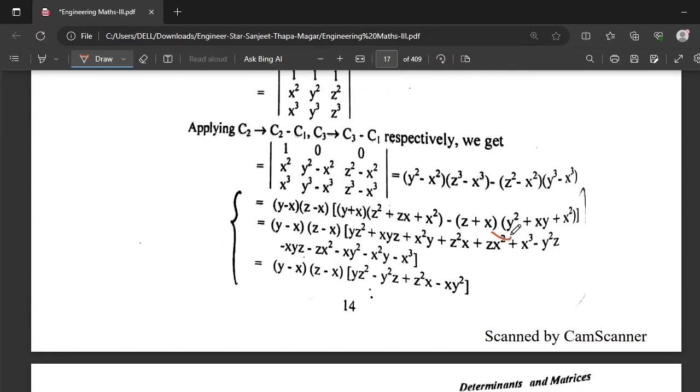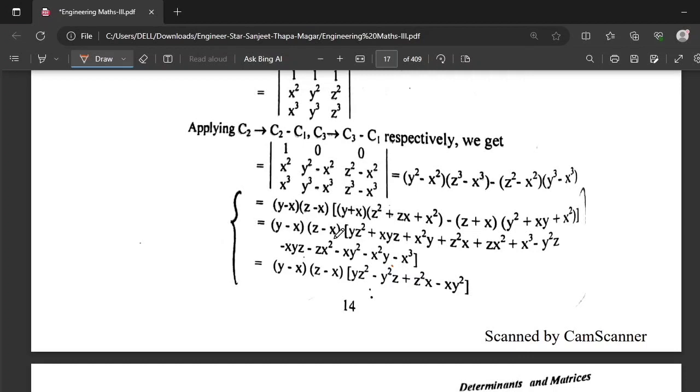X times y square is x y square with a negative sign, and x times xy is x square y with negative sign here, and x times x square is x cube.